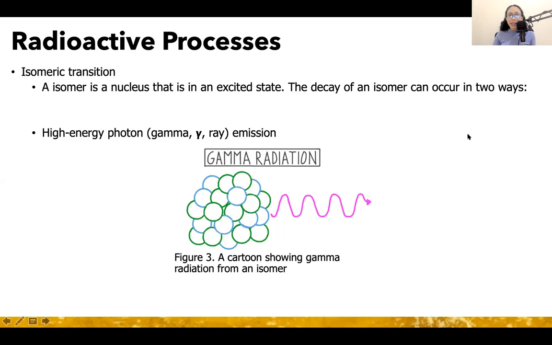So there's decay that can happen there. There are two possible ways for this decay to happen. The first one is through high energy photon emission, or what is commonly known as gamma radiation or gamma emission. So you have the excited state nuclide releasing gamma rays and being transformed into the stable isomer.